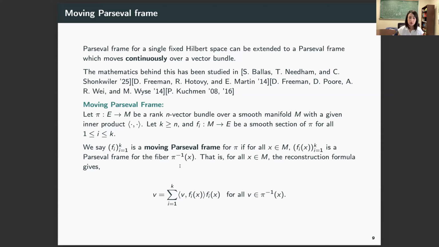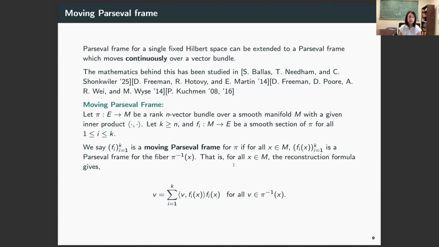In other words, what we talked about at the beginning about Parseval frames and the reconstruction formula is that now for any vector v that I pick in my fiber, the reconstruction formula holds.